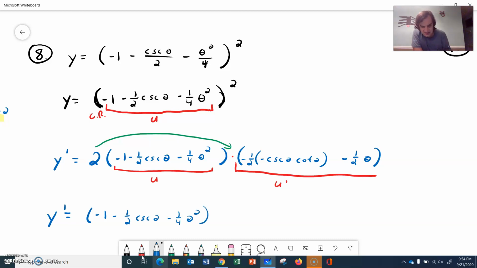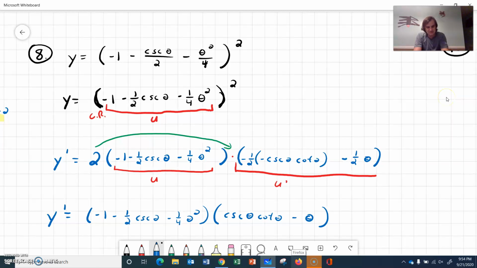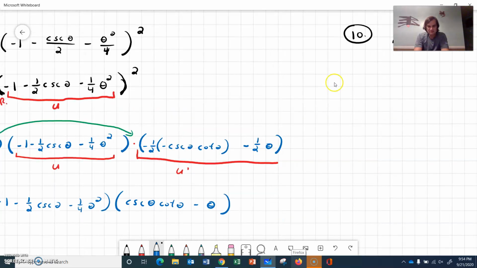The second part, these two negatives will cancel out, and so will the 2, so it'll be cosecant cotangent. And then the 2 will cancel out with the 1/2 out there, so minus theta. So that's a derivative. You don't have to take it that far, or you could take it further.